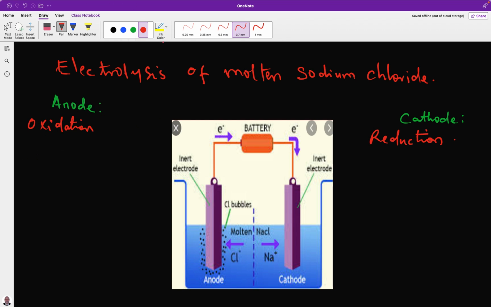So the chloride ion will lose electron to balance the chloride with the chlorine.